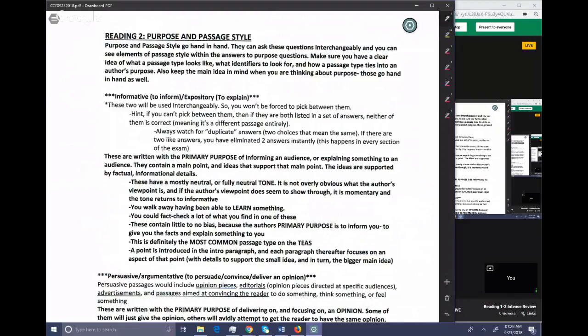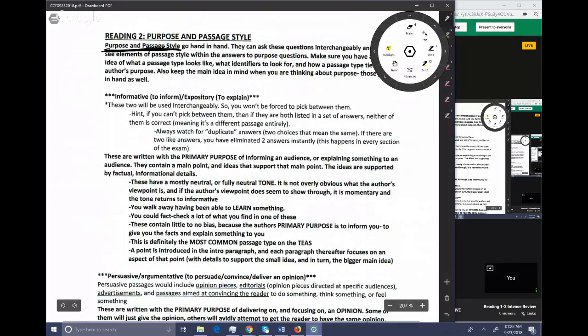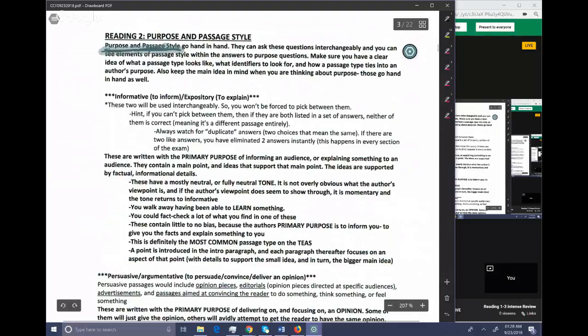So first of all, very important to note, if you didn't really focus on this when you took reading 2, purpose and passage style go hand in hand. The author's purpose is exactly what it sounds like. It's the reason that the author wrote the passage in the first place. Purpose can be asked in multiple ways.